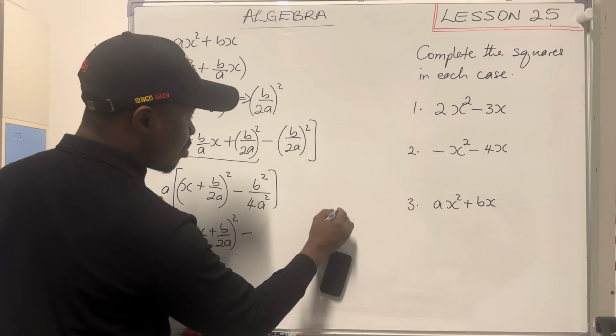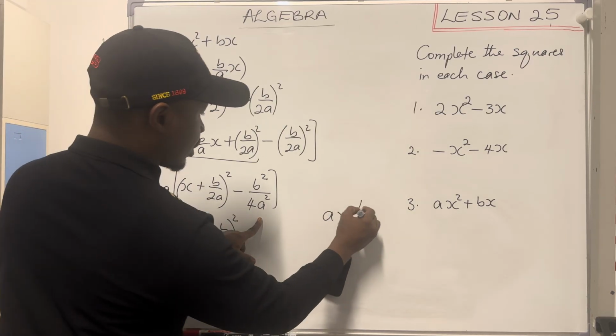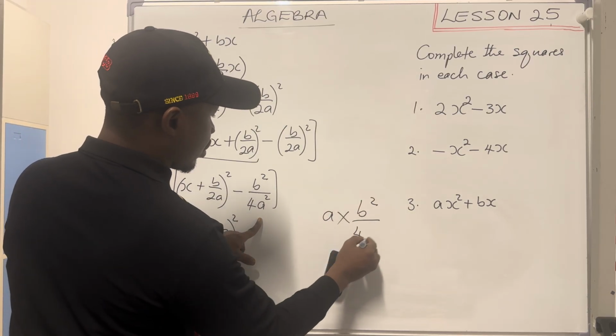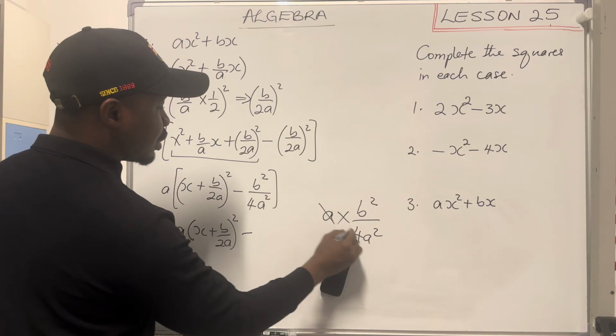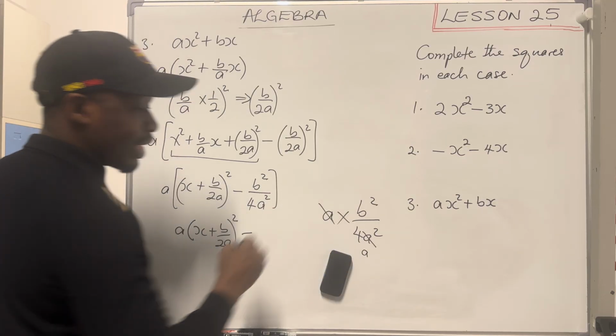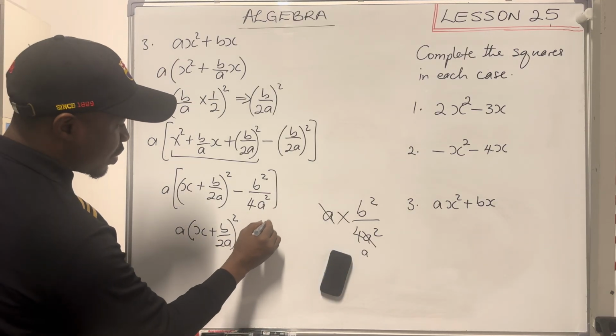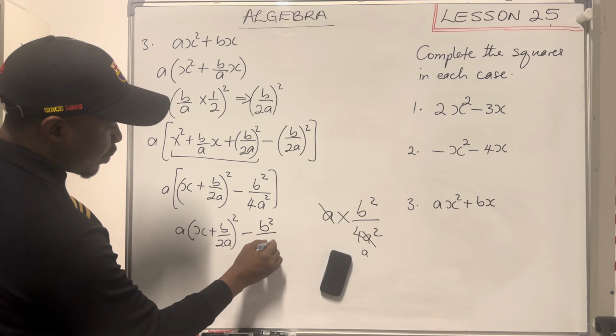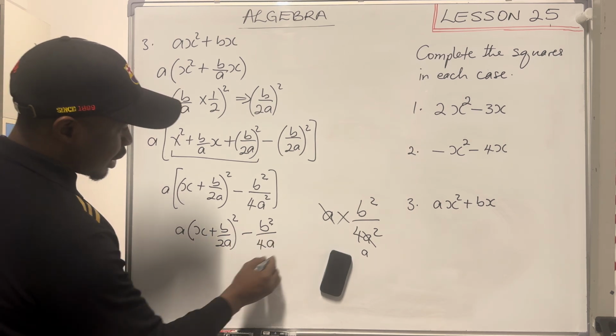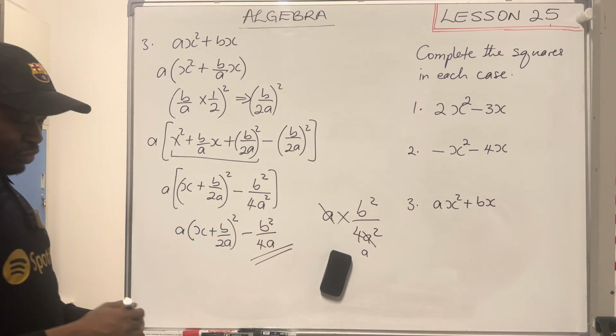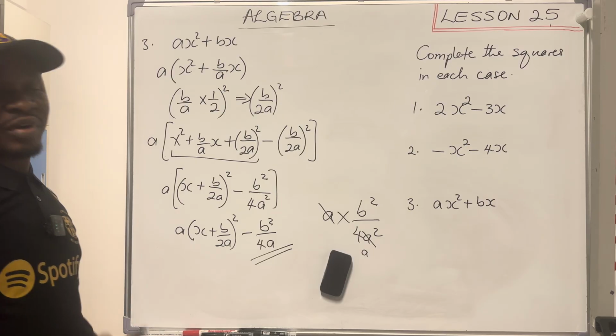When a multiplies this one, what happens? This a will take away one a, leaving one a. So that will remain b squared over 4a. Do you see that? So this is what we have for lesson 25.